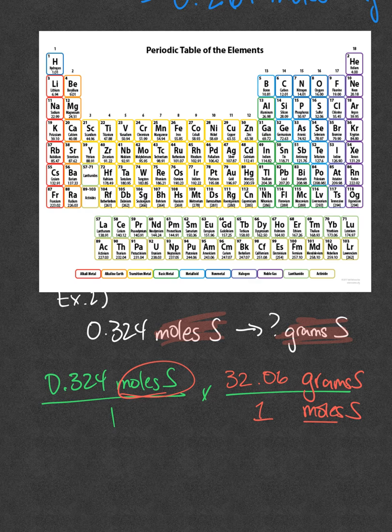So we will multiply 0.324 times 32.06 divided by 1, and you'll get a number that is about 10.3 grams of sulfur.